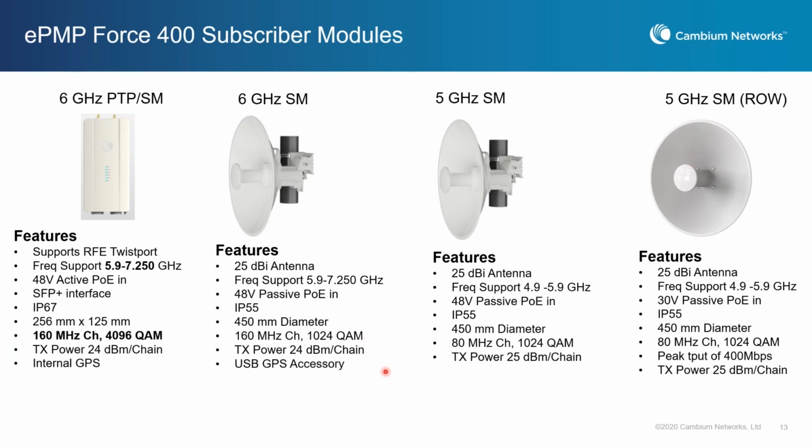Yeah, and just to add there, the difference is really that the FCC has some specific filtering requirements that we have to build into that 5 gigahertz SM. So in addition to the subtle differences in performance, that really is one of the drivers for why we have what you see referred to there as a ROW model and the other model.